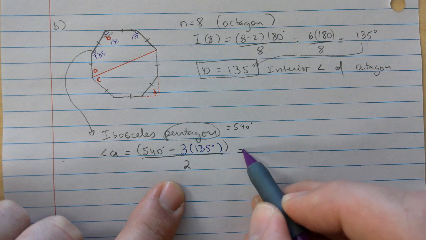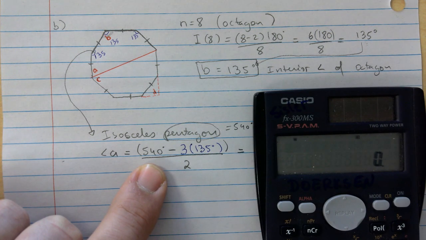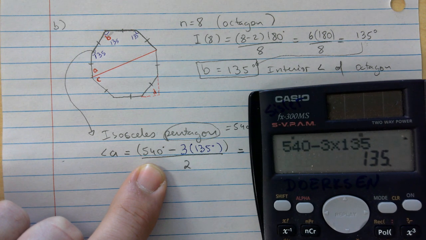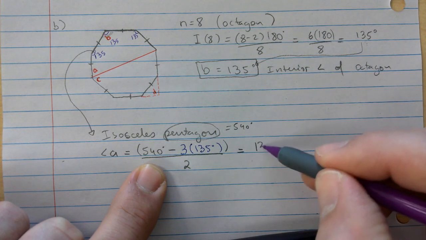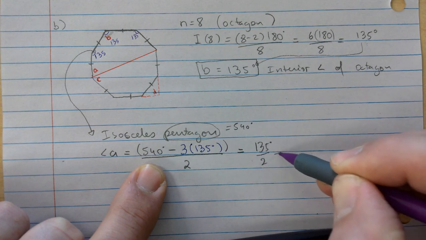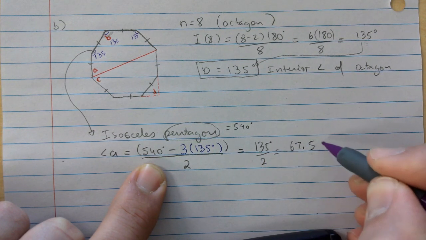You have to be very careful here. I don't have my fancy calculator now, but I'm just going to use this one. So the top is 135, and then you divide it by 2, which is 67.5 degrees.